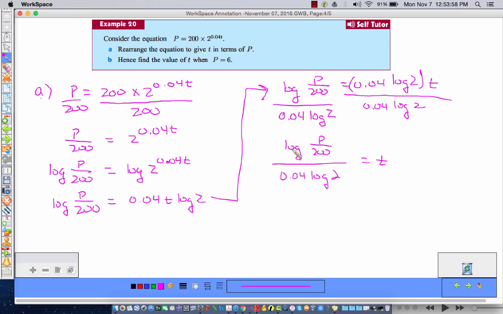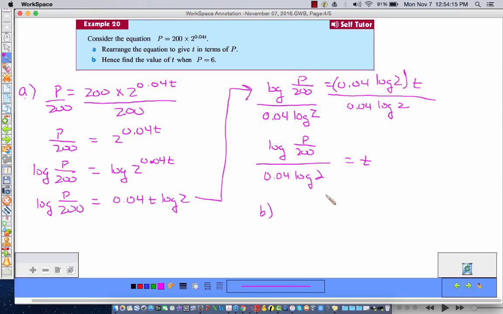Yeah, I could rewrite this as log p minus log 200 if I need to, but this is a perfectly acceptable equation. And now they want to find the value of t when p equals 6. So for part B, I'm just going to replace p with 6 and crank it in my calculator. So let's see.